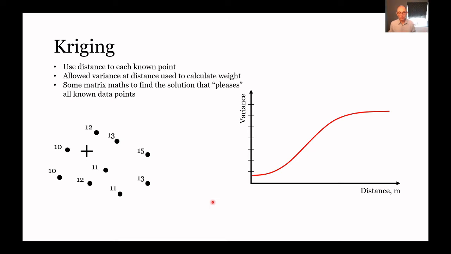So we've created this model, and now we want to create a new value here. We want to put a value on that point based on how different can this point be from all of the others given this model? So the nearer I am to a data point, the less I can vary from it. I've got a certain range of values I can assume, but I can't go to any extreme.